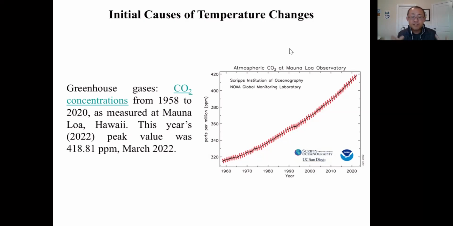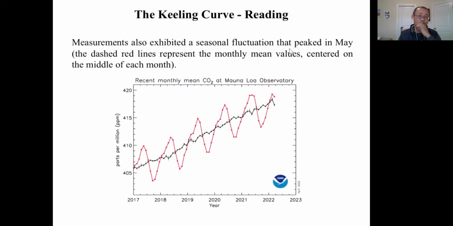So we assume this is the initial cause for temperature change. And of course, we're measuring the change of carbon dioxide concentration. If you notice, the carbon dioxide concentration actually fluctuates within a year. We call that seasonal fluctuation.